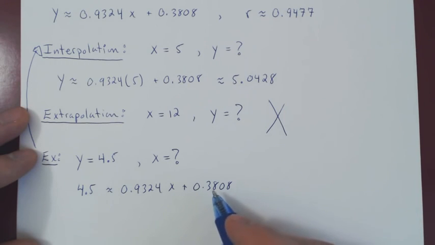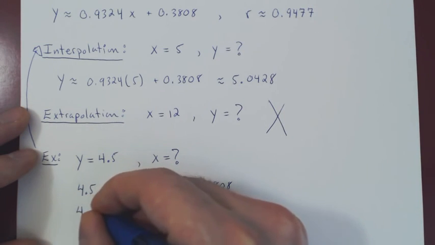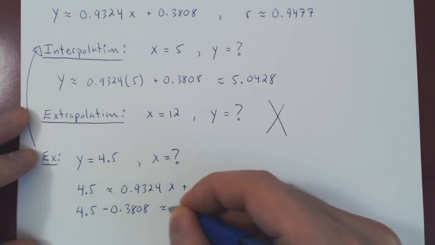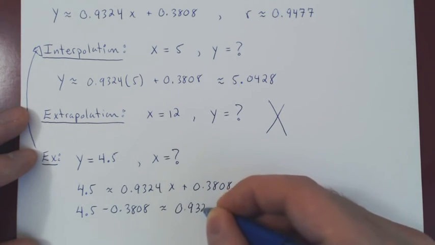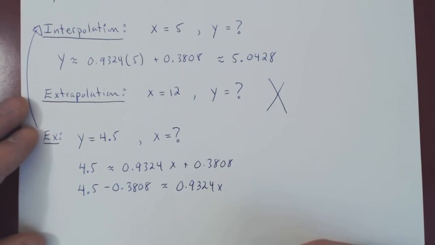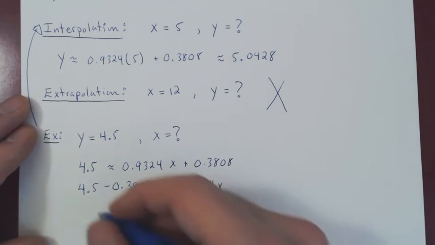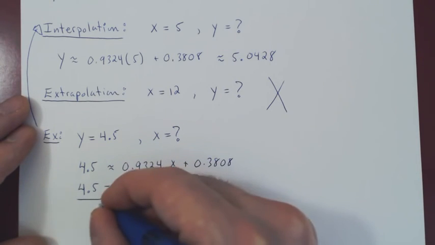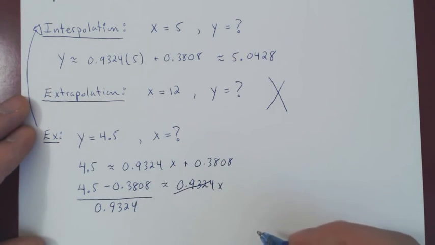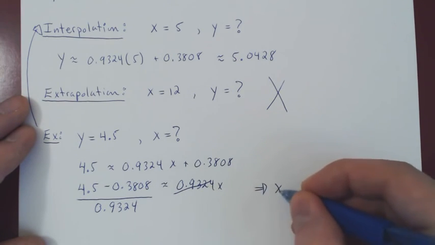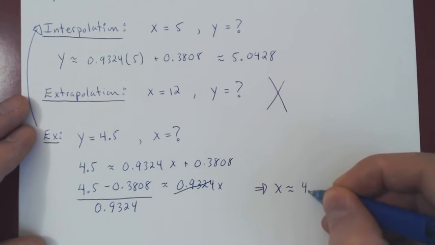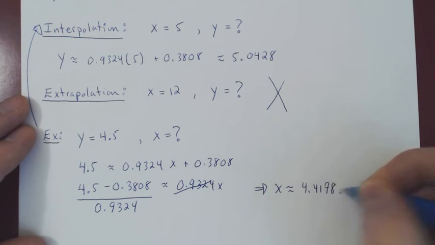Subtract on both sides by 0.3808, which gives you approximately 0.9324x, and of course you solve for x by dividing across by 0.9324. And you will find a value of x, if you compute this with your calculator, of approximately 4.4178. And that's it.